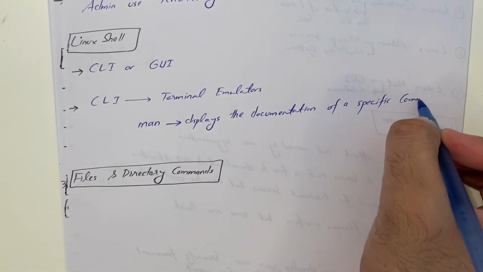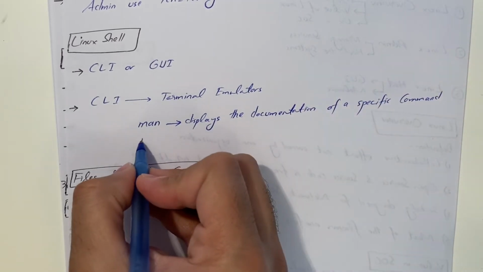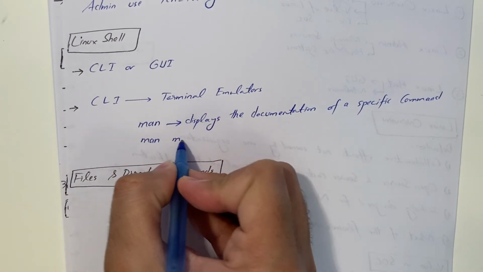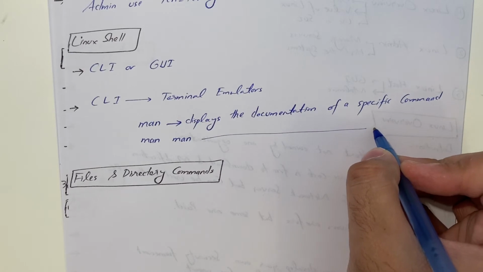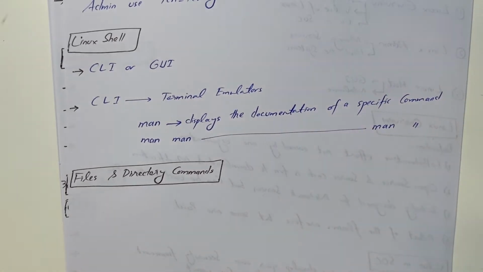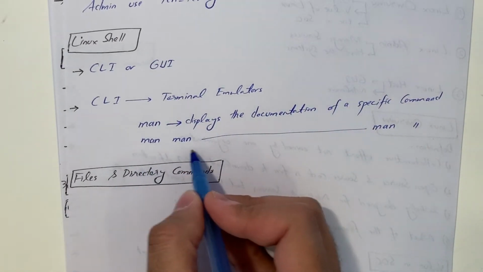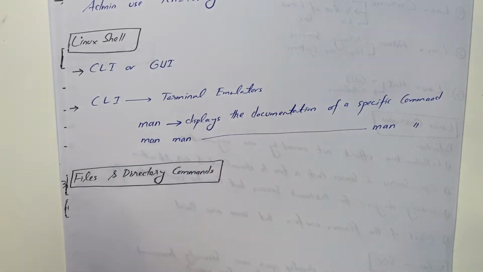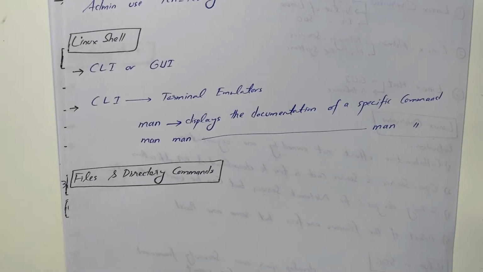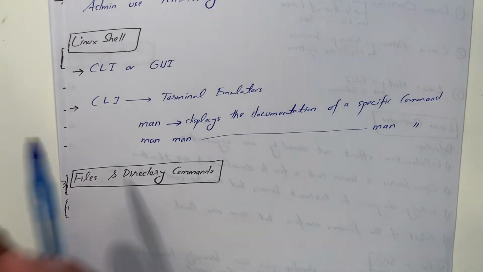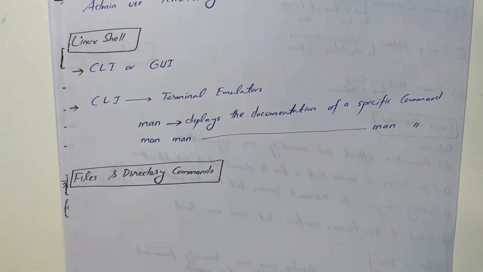For example, if you type man man, it will display the documentation about the man command. If you type man ls or man mkdir, it will give you documentation about that particular command, like how it can be used and which parameters and arguments can be passed. So man basically stands for manual.